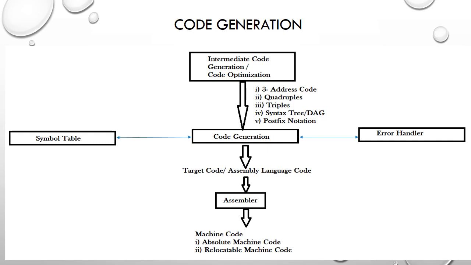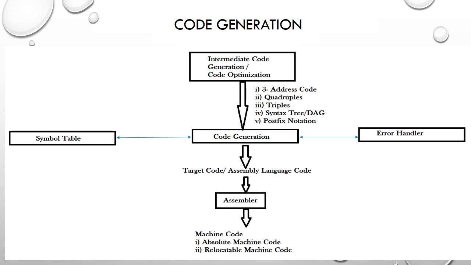Now after that we have the code generation phase. It makes use of the symbol table and the error handler while generating the target code, which is also called the assembly language code. This assembly language code is passed through the assembler, and finally the absolute code or the machine code is generated.